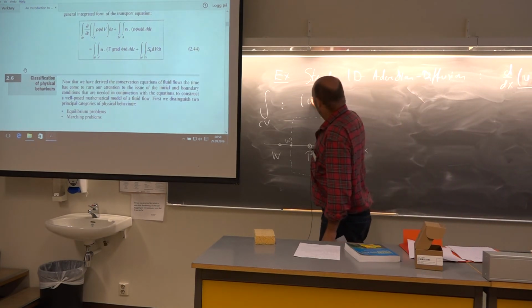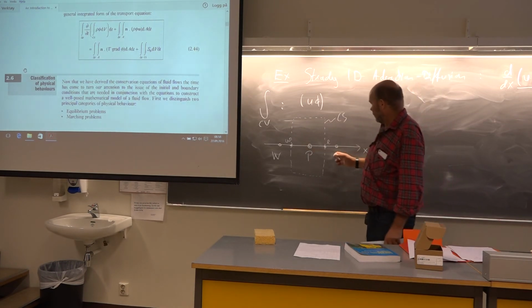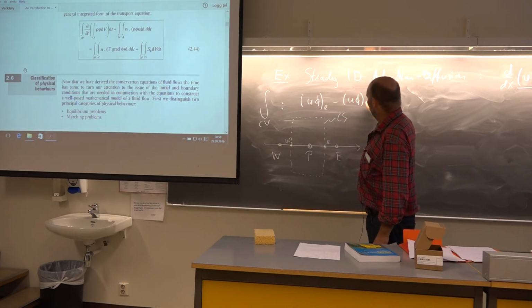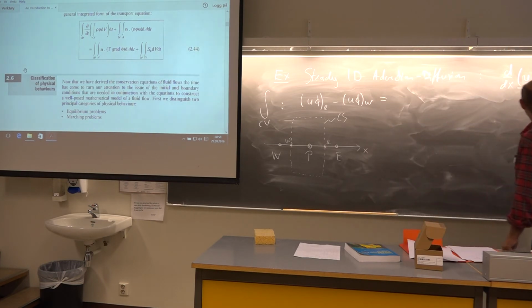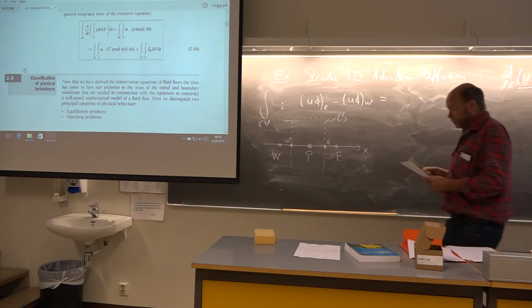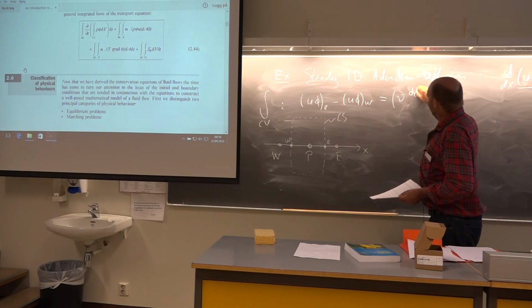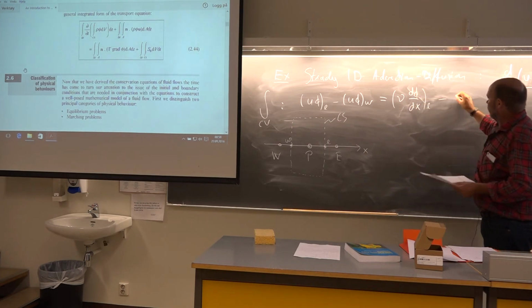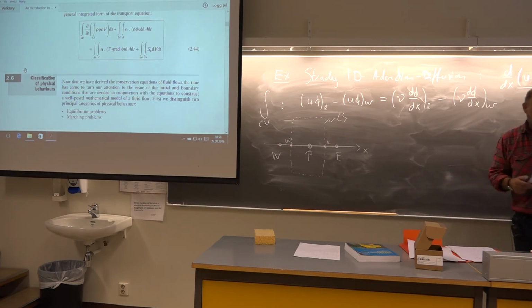It will be u phi, let's see, positive to the right, so it has to be east, minus u phi west. And then on the other side, we will have this parenthesis. Same way, viscosity and then a derivative, d phi dx on the eastern wall, viscosity d phi dx on the west wall.